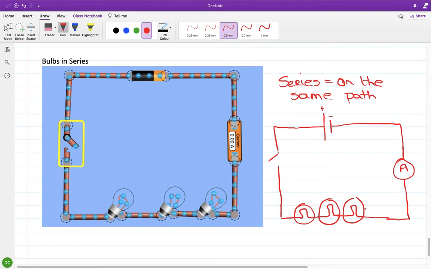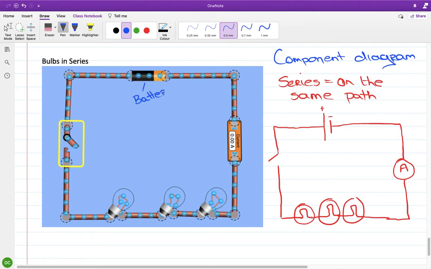So this over here in red is the component diagram. If you were to draw your diagram the way it's drawn over here, you would have to label it.